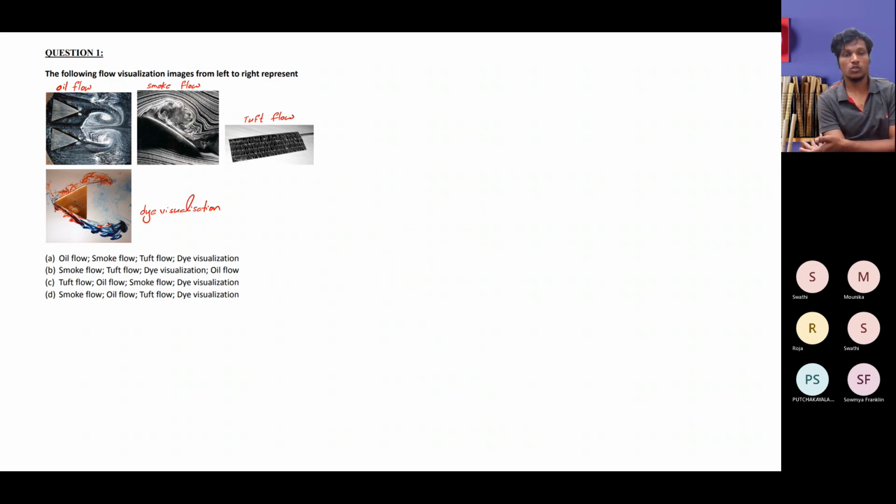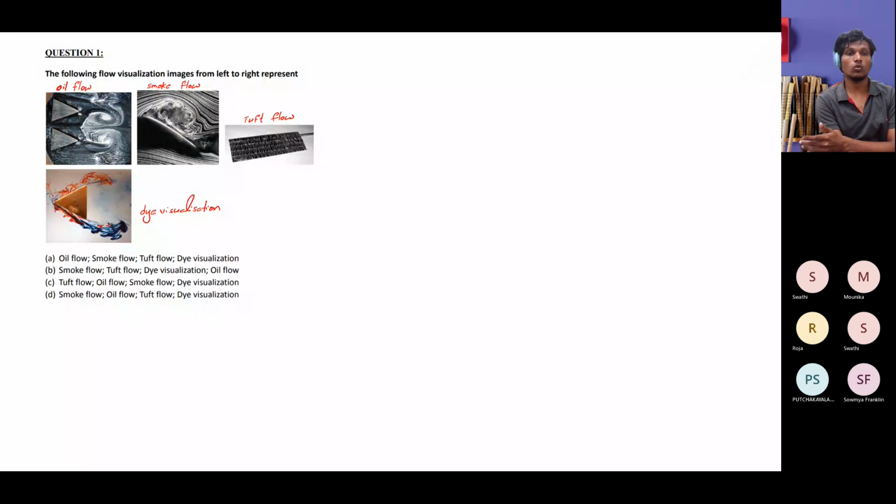The first one, oil flow visualization, is good only for surface flow characteristics, not for the details of the flow physics on top of the object. It can only give the separation lines or strong separation and reattachments, but it won't give any of the flow structures above the object that we want to study. But smoke flow visualization has the capability to give the details not on the surface but above the object.